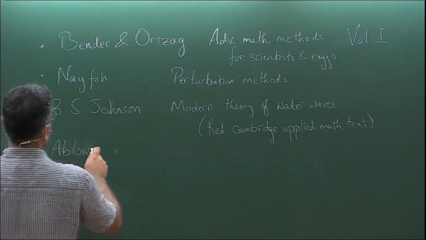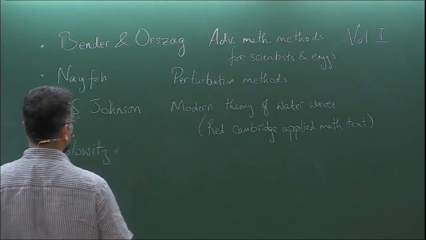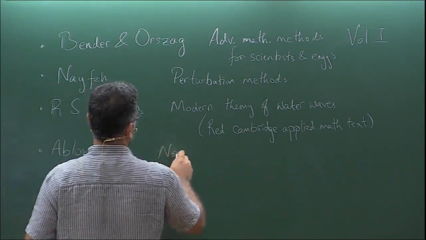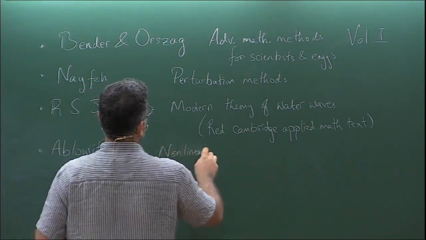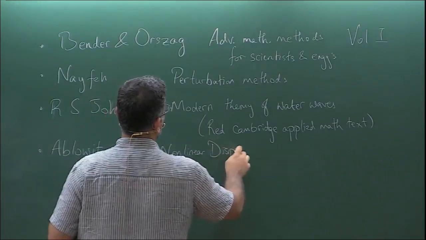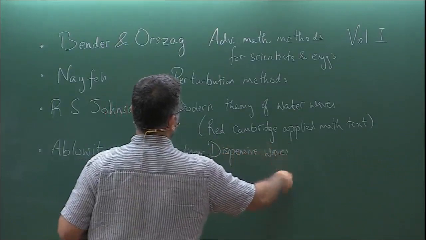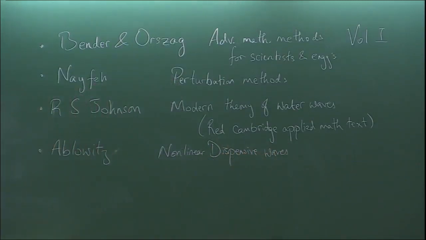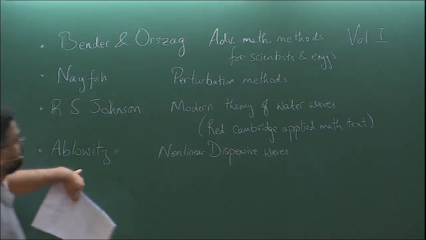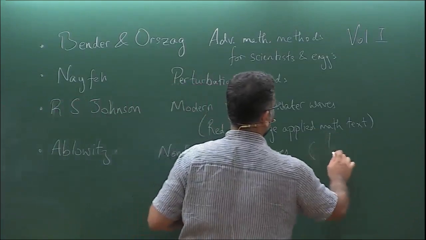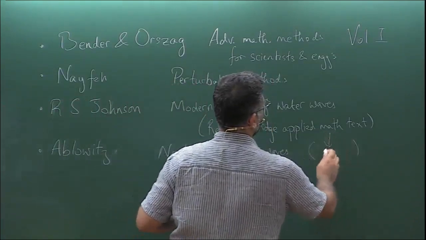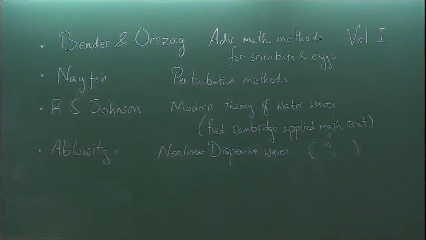There's a more recent book by Ablowitz called Nonlinear Dispersive Waves. It's got a subtitle as well, Asymptotic Analysis or some such thing. This one is also, ditto, one of these red Cambridge applied math textbooks.